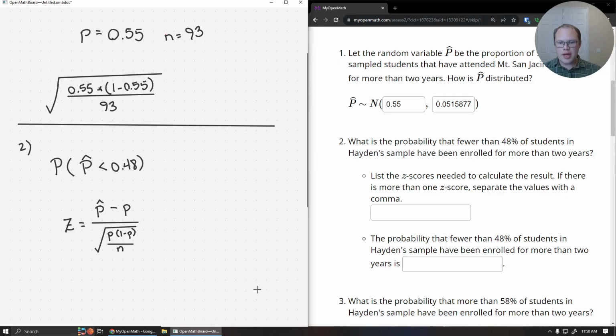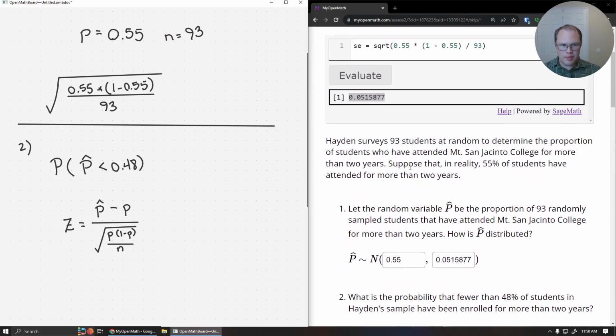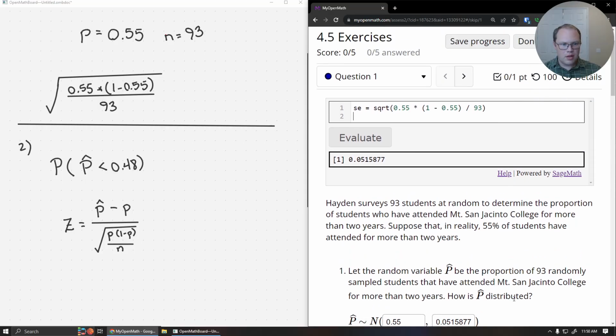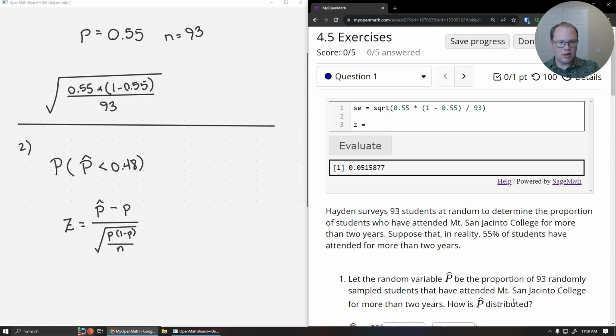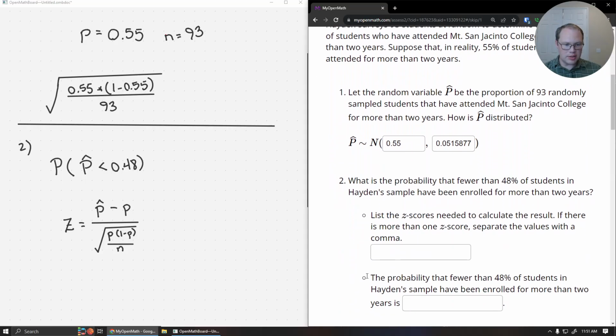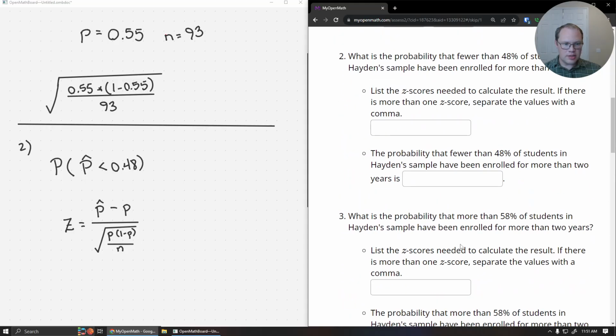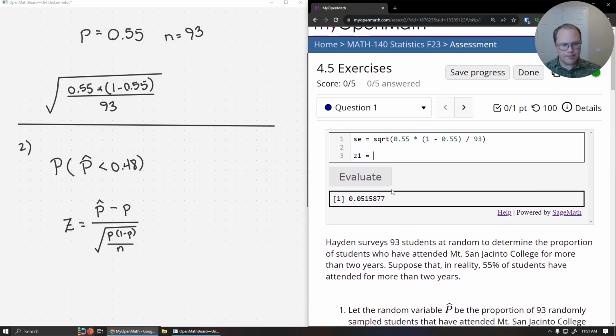Okay, so let's throw that into a calculator, see what we get. So our z-score here is going to be, in fact, let's call it z1 because there's multiple parts of this problem. Okay, so this is the first z-score we're calculating.